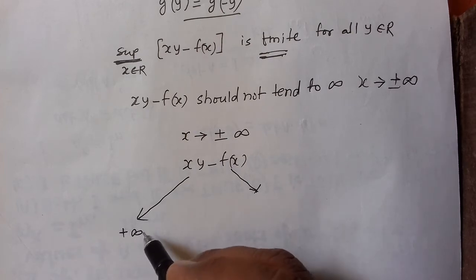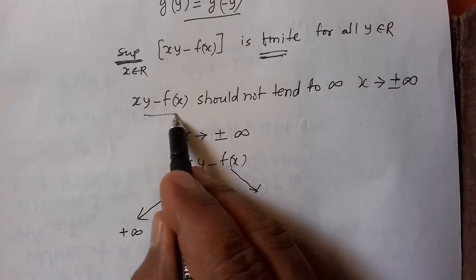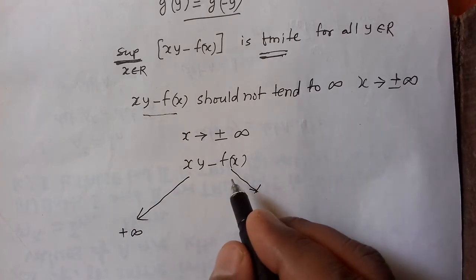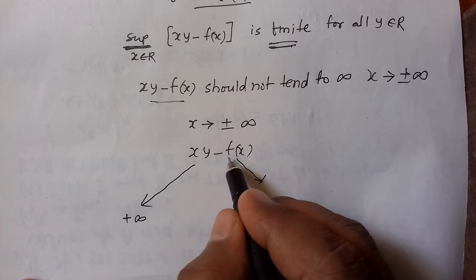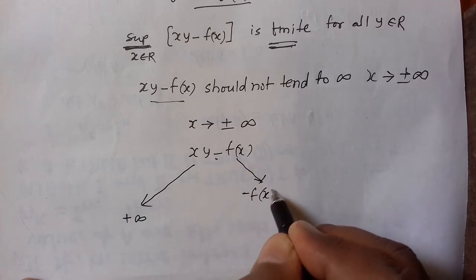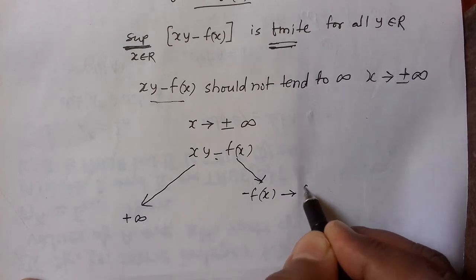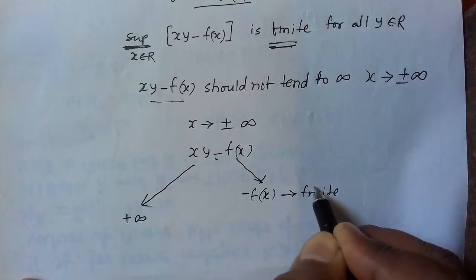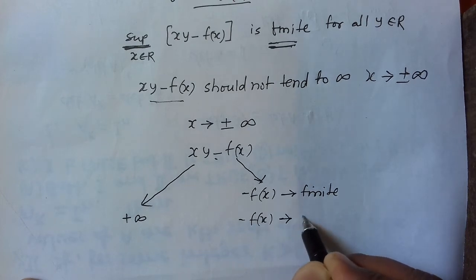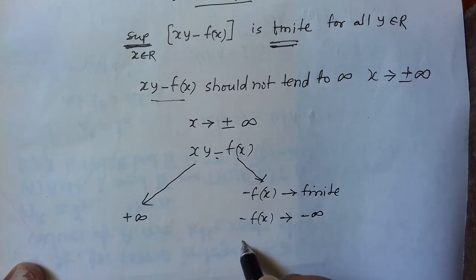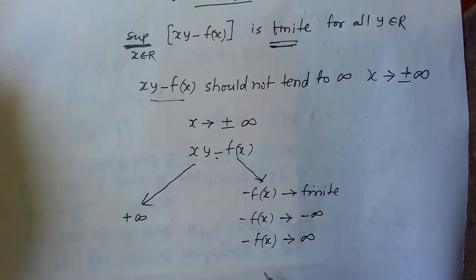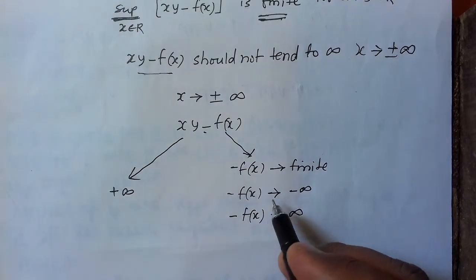But according to our scheme, this whole thing should not tend to plus infinity. So we have three cases regarding the second term, minus f(x). Minus f(x) may tend to a finite value, minus f(x) may tend to minus infinity, or minus f(x) may tend to plus infinity. These are the three possible cases.